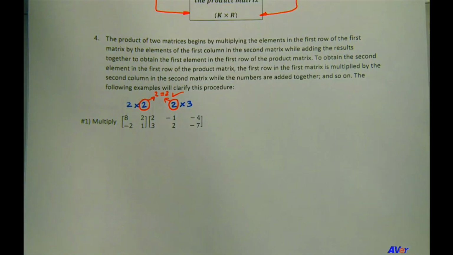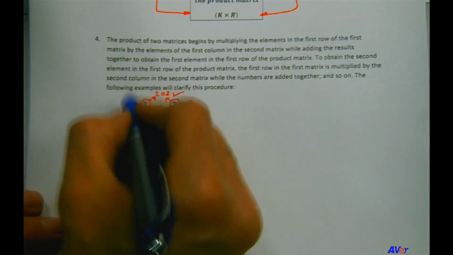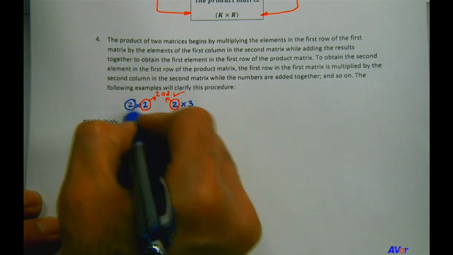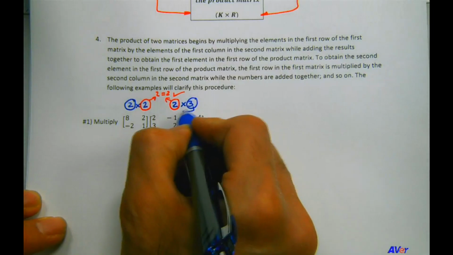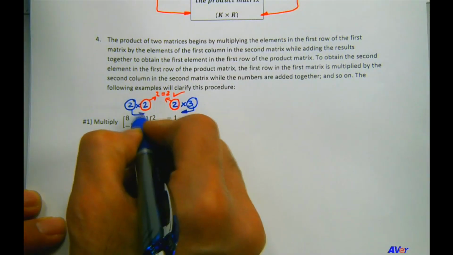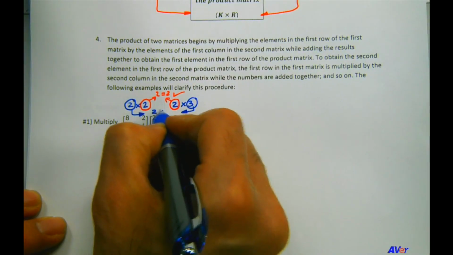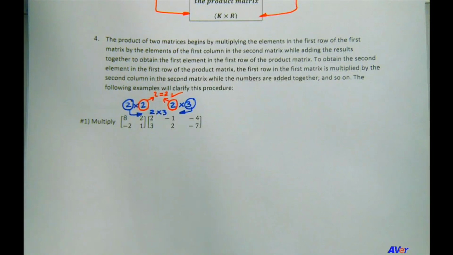Okay, so the question now is, what is going to be the size of the product matrix? Well, for the size of the product matrix, take a look at these two numbers: the number of rows in the first matrix and the number of columns in the second matrix. So the resultant matrix will be a 2 by 3 matrix.